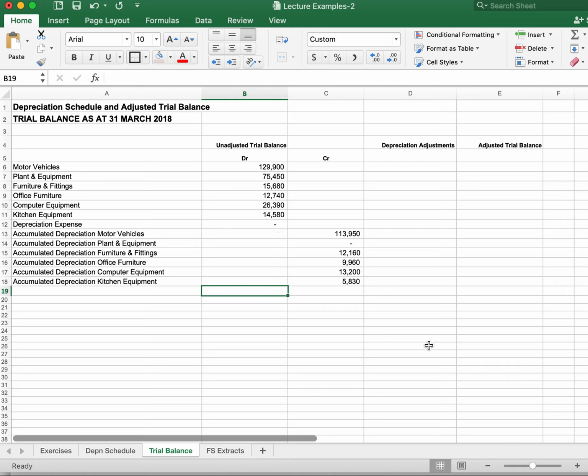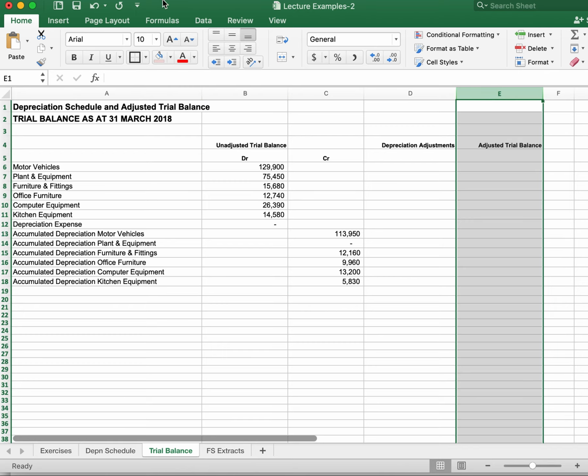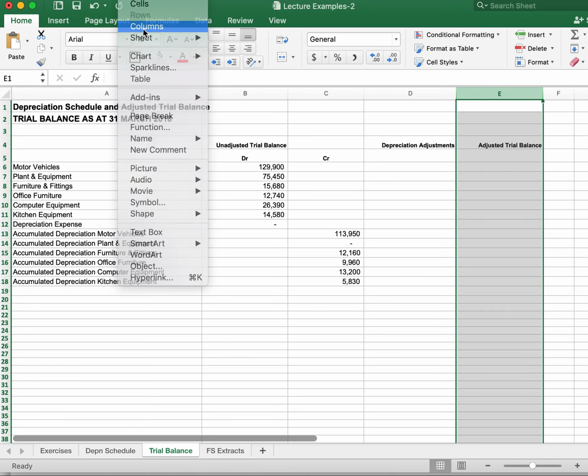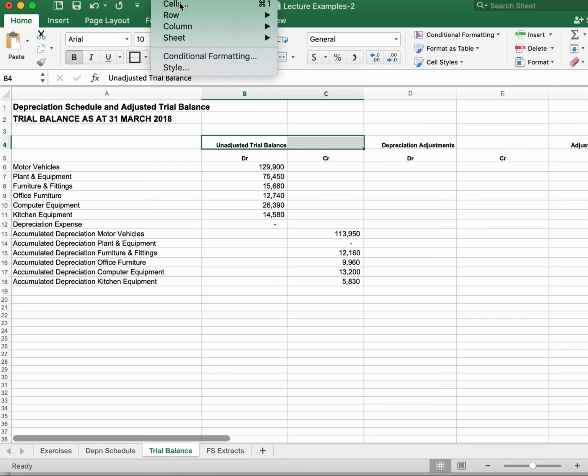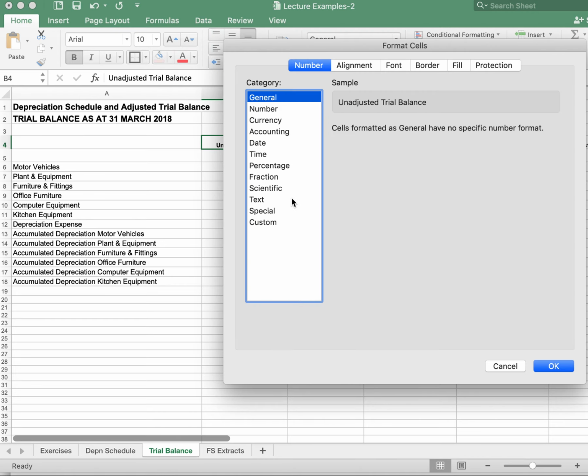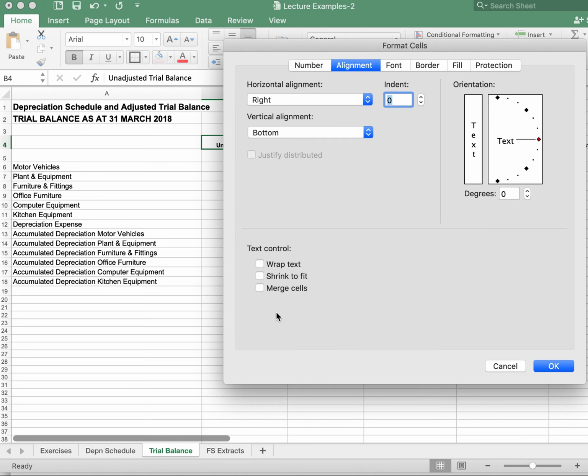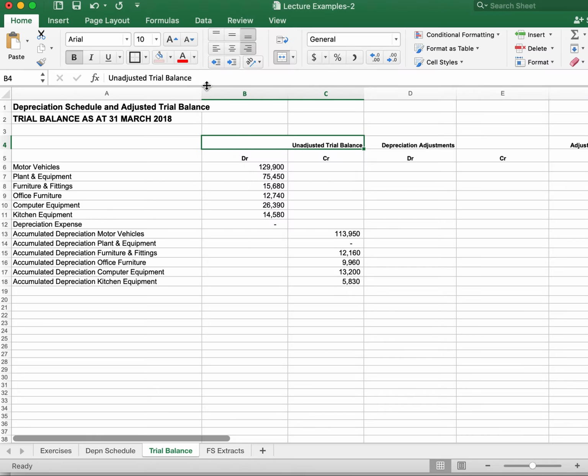The depreciation adjustment, I'm going to do the same here. I'm going to insert a column, because it works better for me, and go debit and credit. I'm just a little bit pedantic here, obviously you don't need to do this, but it tidies things up.